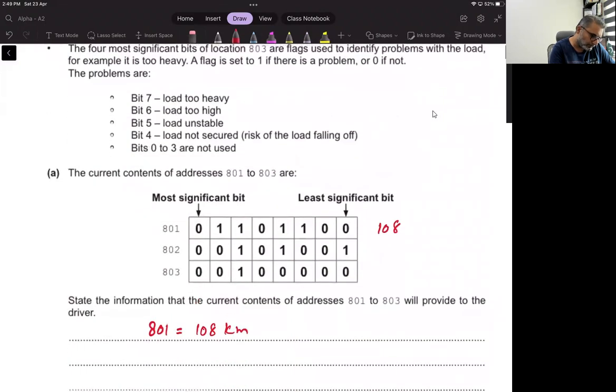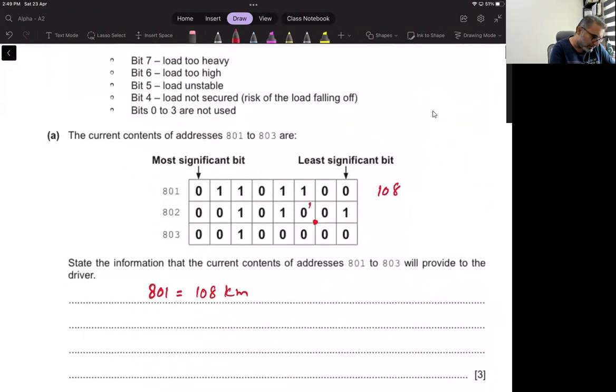So here we go, this will become 1, 2, 4, 8. 802 is equal to 10.25.